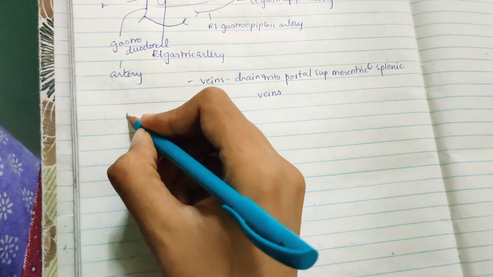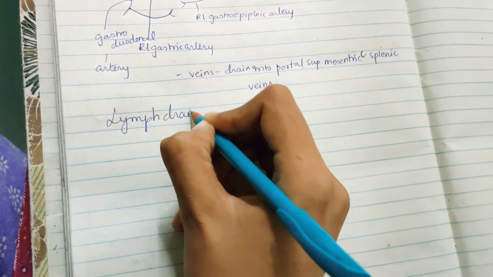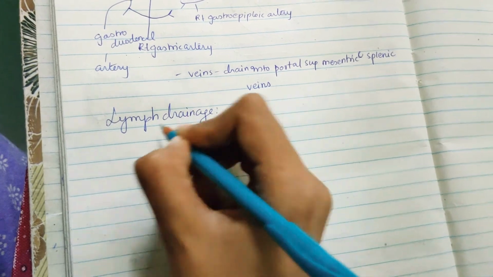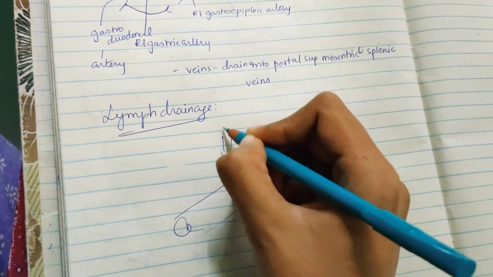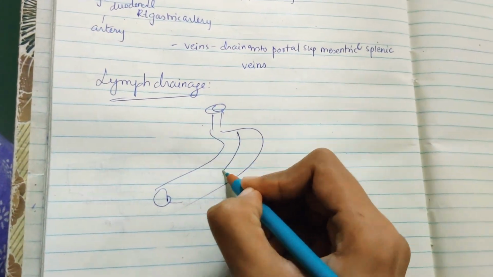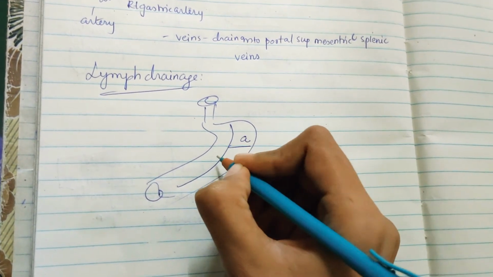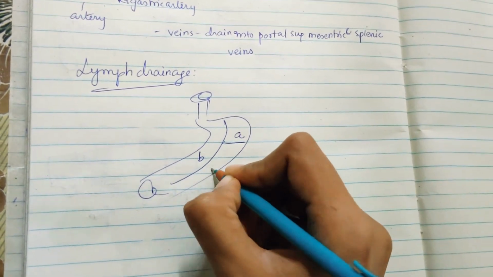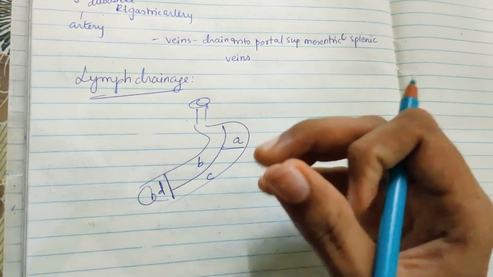Now let us discuss the lymph drainage of stomach. Again, let us draw a simple diagram of stomach. For the lymph drainage, the stomach is divided into different areas like A, B, C and D. These are the different areas from which the stomach is draining.